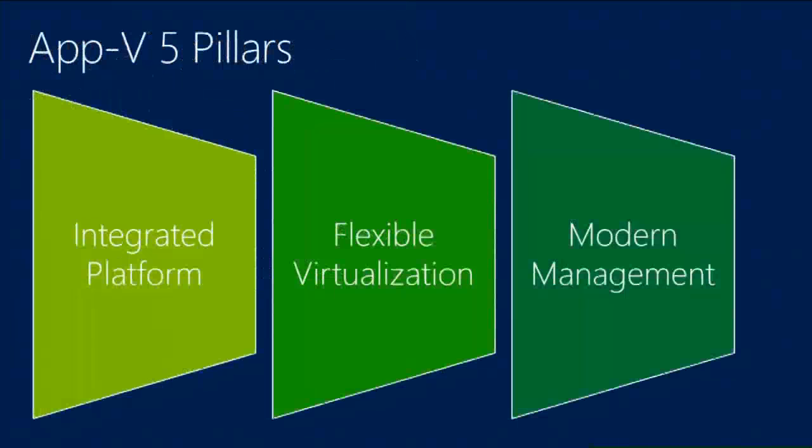So what did we build AppV 5 on? We've got the traditional 3 pillars that new releases are built on: integrated platform, flexible virtualization, modern management. And what does that mean exactly? What we found is that AppV 4.6 was originally built for RDS deployments, where isolation was an absolute plus so that you didn't have these silos.